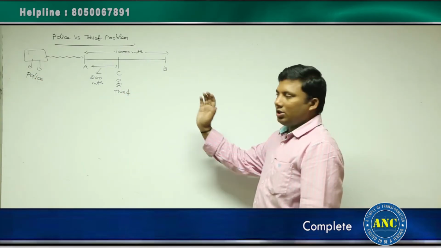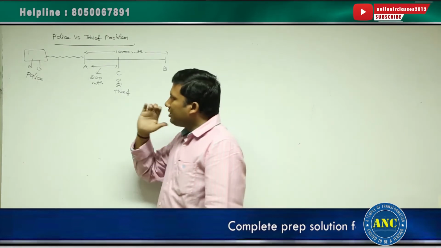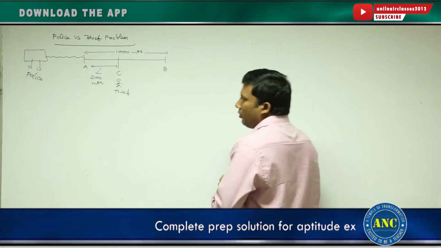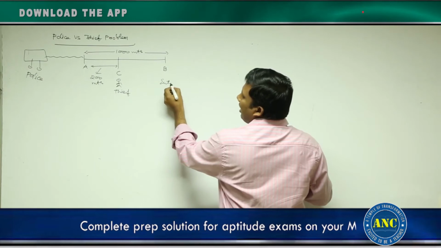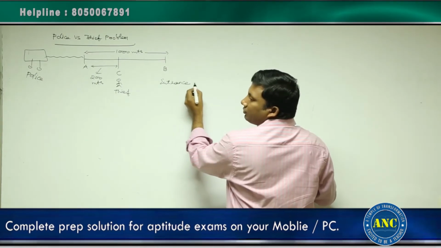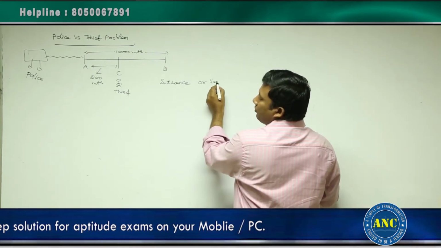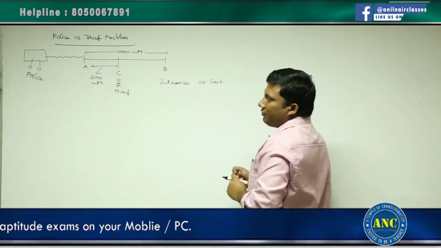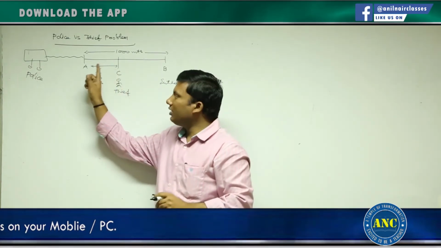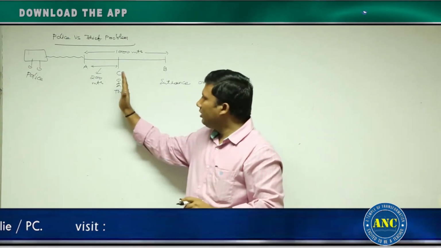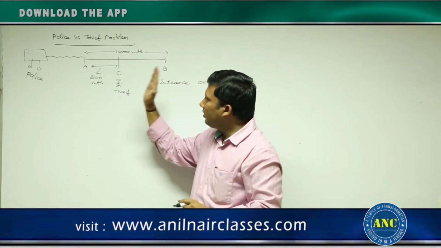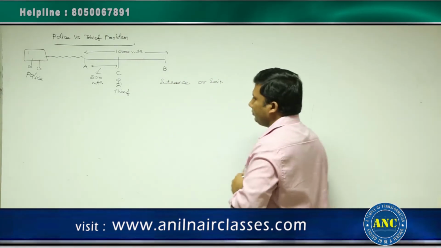Police can catch the thief either at the entrance or at the exit. If the thief comes this side, police will catch the thief at the entrance. If the thief goes this side, police will catch the thief at the exit.